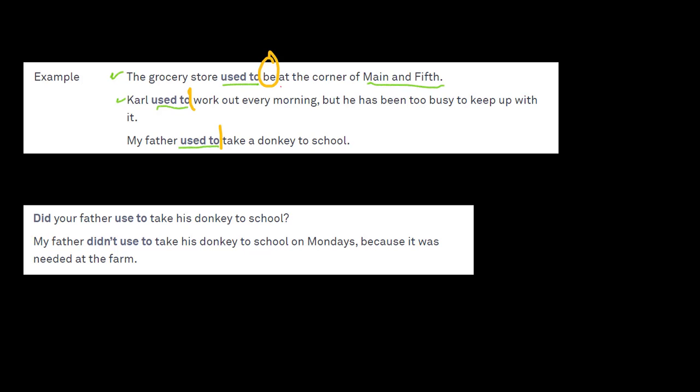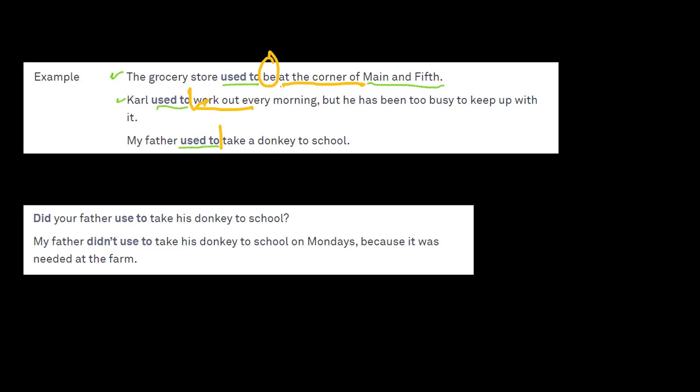The question is, why is it so? Pay attention. What follows used to? In the first sentence, used to is followed by an adverb of place, at the corner of Main and Fifth. In the second sentence, it is followed by a verb, work out.